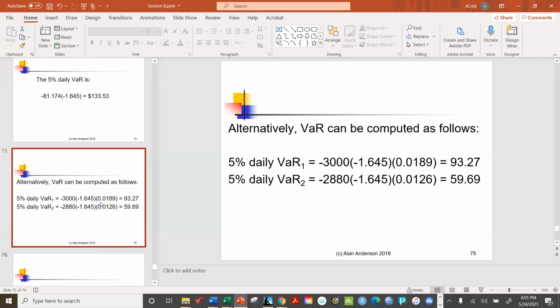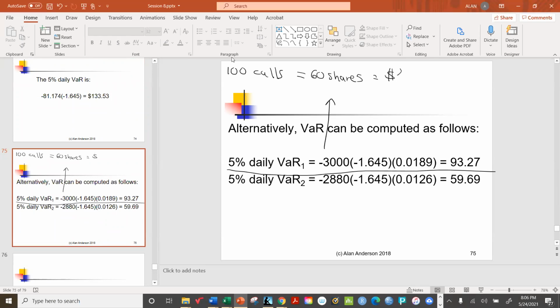Okay, so we're going to do it in the following way. That's this one, by the way. So we have the equivalent of $3,000. Think of this as, again, 60 shares, or think of it as 100 calls equals 60 shares as far as risk goes, which in turn is worth $3,000.